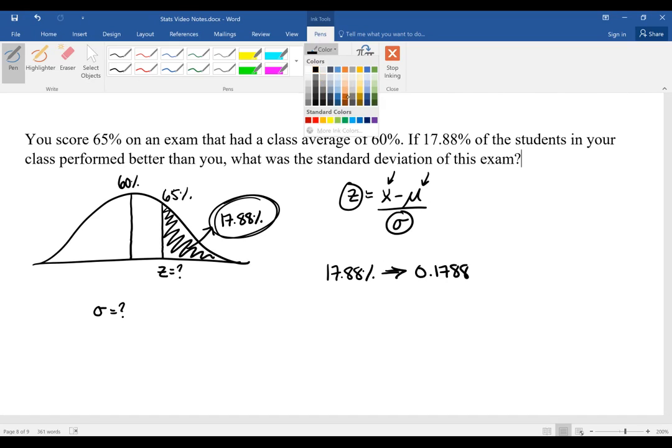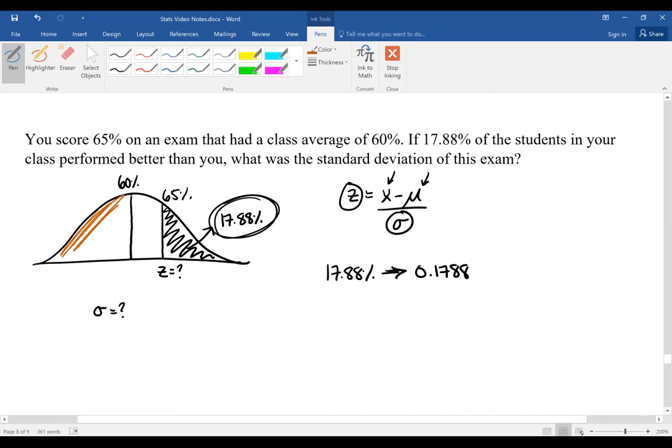So when I go back to my picture, it's going to tell me a percentage below a particular z-score. So what we need to do first is take away 17.88% from 100, which will be 82.12%.